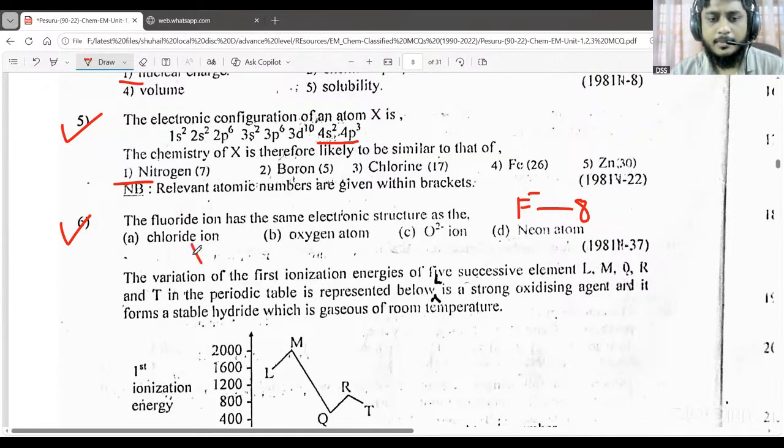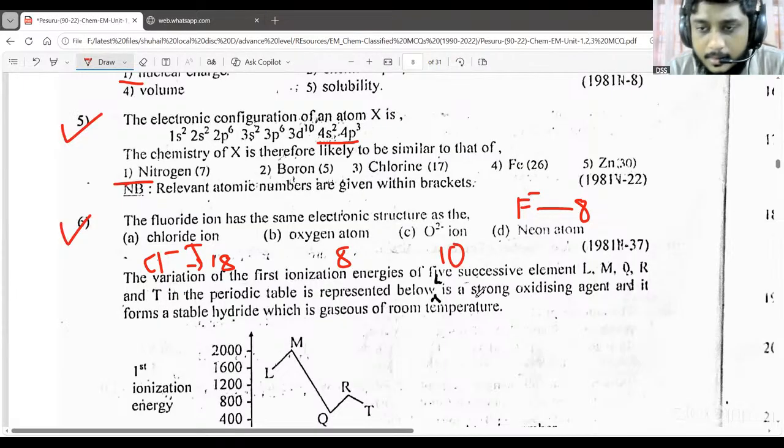Chloride ion means Cl minus, which will have 18 electrons. Oxygen atom will have 8 electrons. O2 minus ion will have 10 electrons.